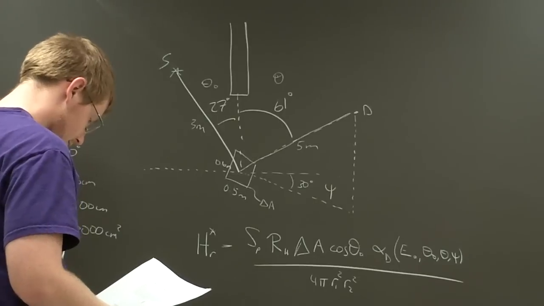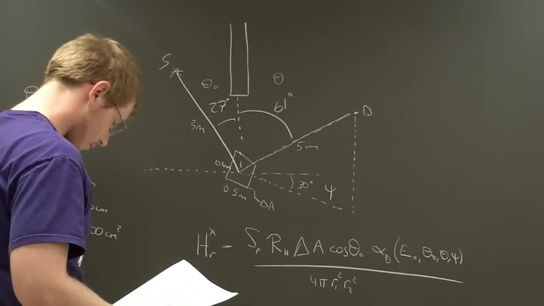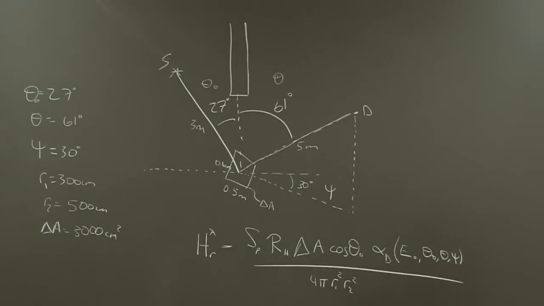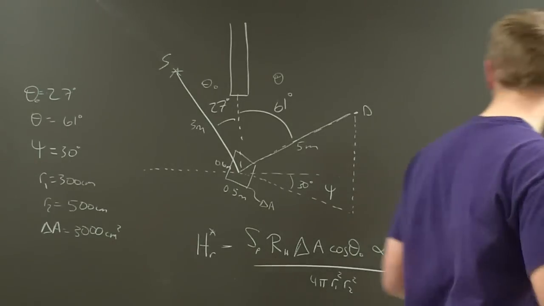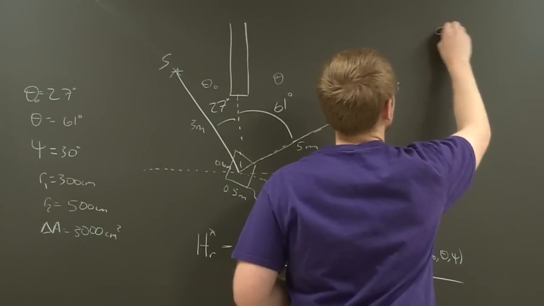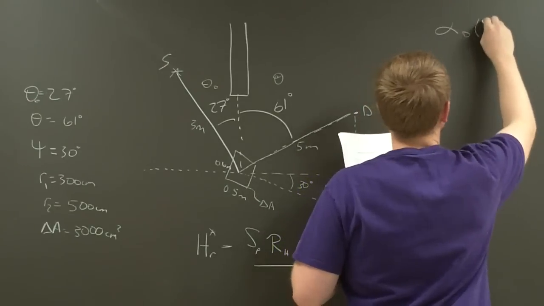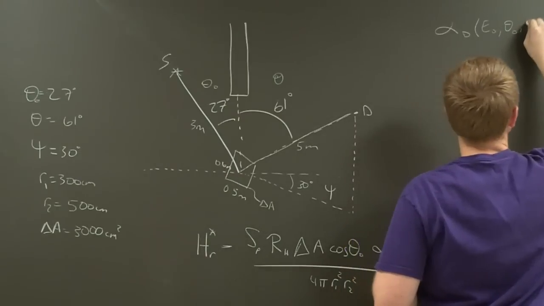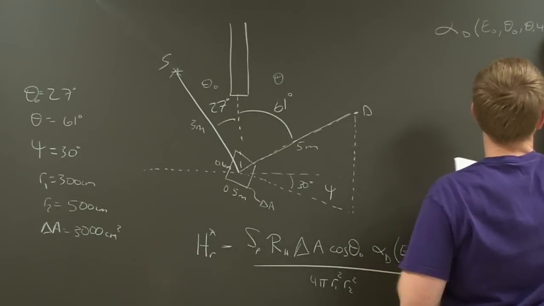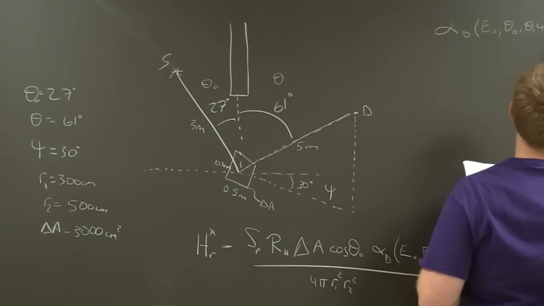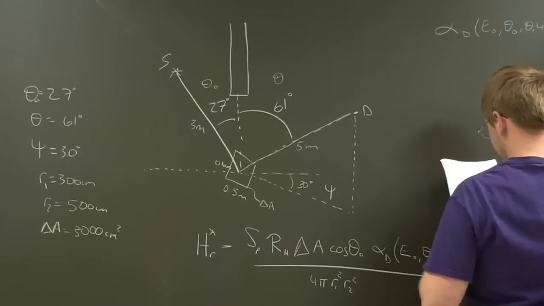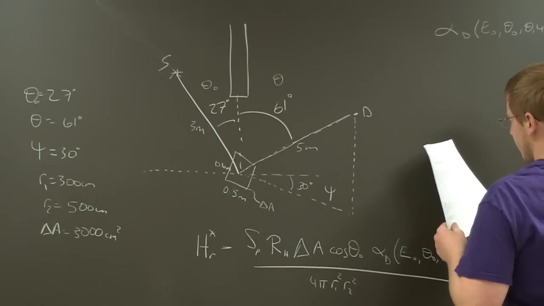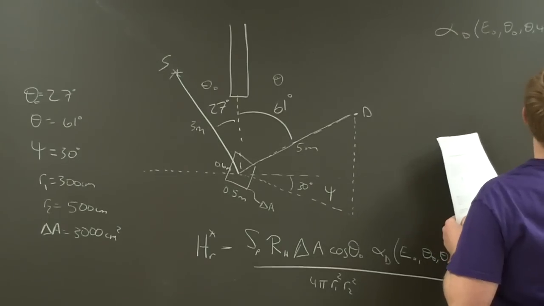So the Chilton-Huddleston approximation will give us our albedo. This is in the book. This equation is in the book under the section called the Chilton-Huddleston approximation.